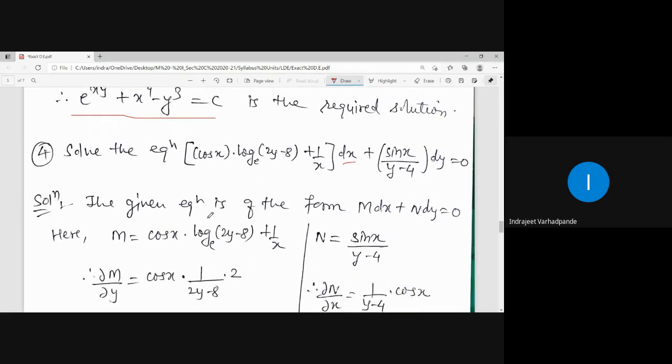The given differential equation is of the form m dx plus n dy is equal to 0.